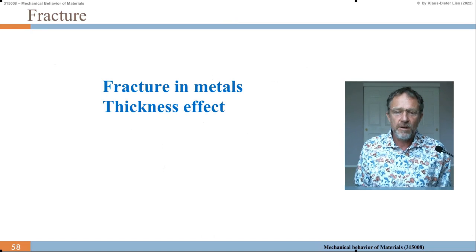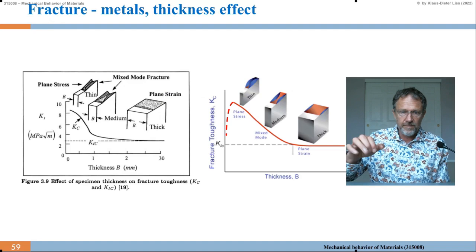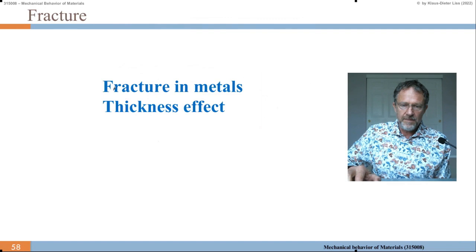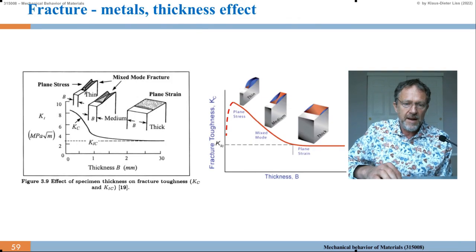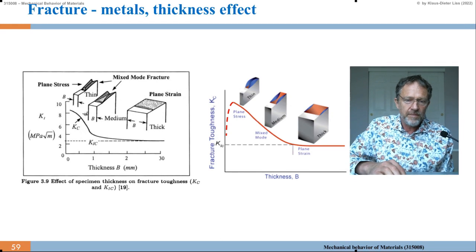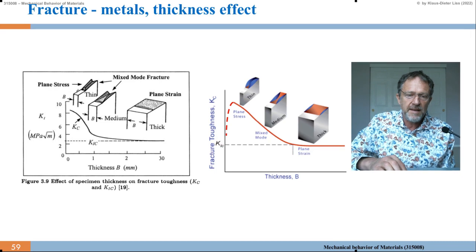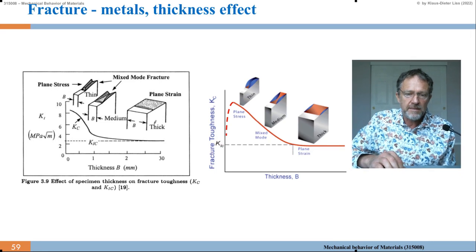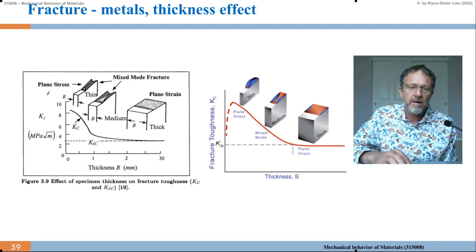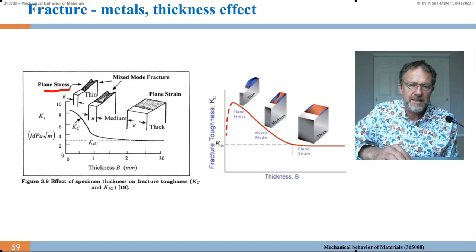Now, let's look at the fracture in metals as a function of thickness. When we do a cracking experiment, we can have either a thin plate where the breadth B is small, it can be medium, and it can be thick. So typically we have two cases: a thin case and a thick case. Of course, if B becomes very thin, then we have our plane stress situation, which I introduced in the theory of elasticity.